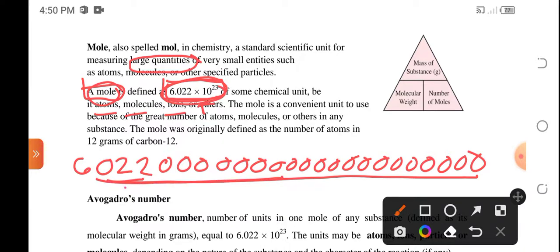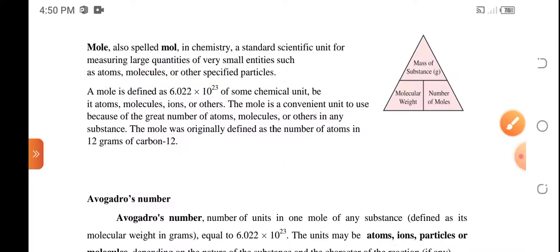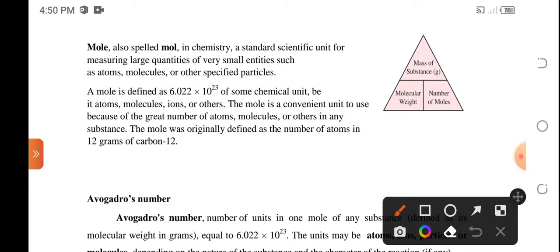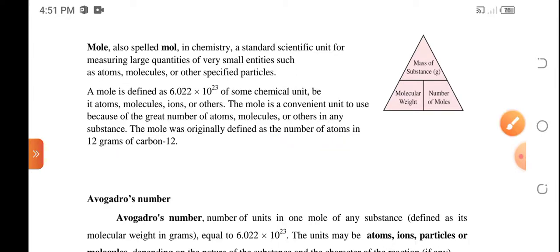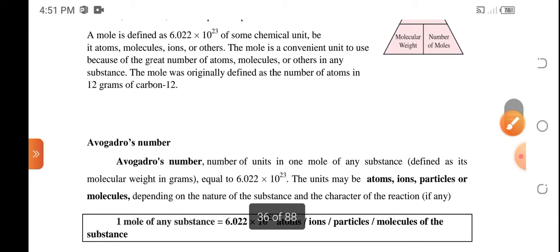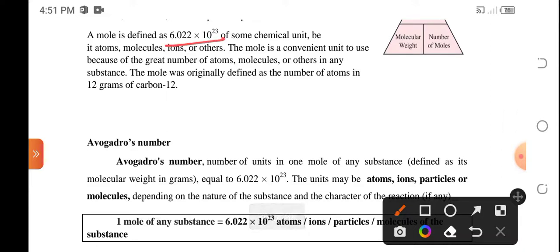Okay, so these are the numbers of atoms, molecules, ions, or particles in a mole. Mole is a convenient unit to use because of that great number of particles. Originally, mole is defined as the number of atoms in 12 grams of carbon 12. That very big number, 6.022 times 10 raised to 23, is known as Avogadro's number.